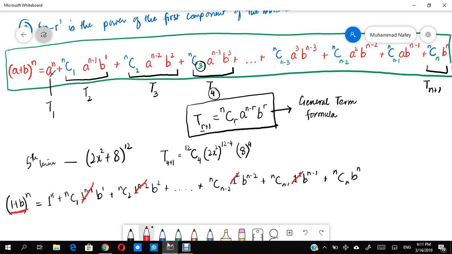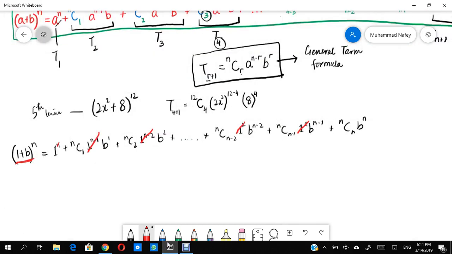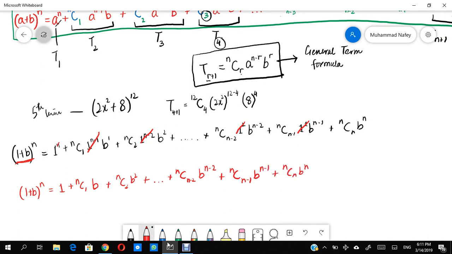And the expansion therefore for 1 plus b to the power of n would become 1 add nC1 b add nC2 b squared add n take away 2, b to the power n take away 2, n take away 1, and finally n b to the power of n.